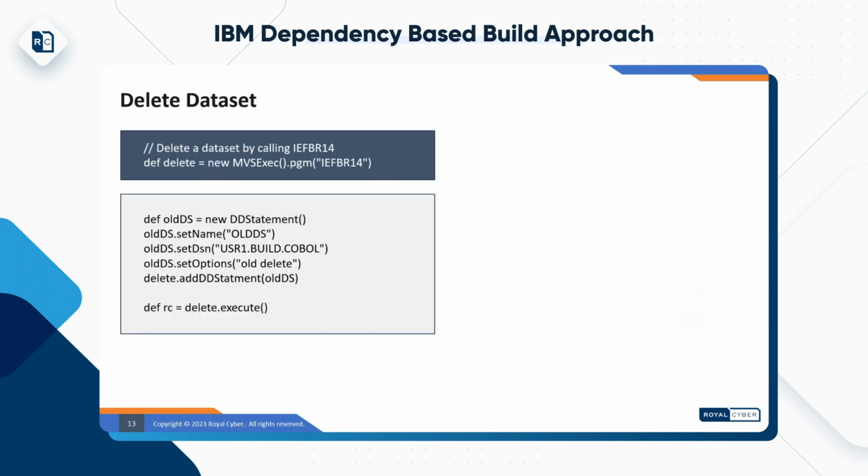And the same goes for a delete, where you have a data set name with some classes defined here. To delete a data set, we all know IEFBR14. This program you can invoke with the MVSExec class. So this is how it is, MVSExec class and method, and you are invoking this to delete a PDS, and you assign various setter methods to assign the respective value for which data set you want to delete.